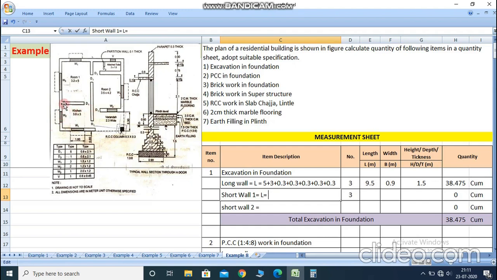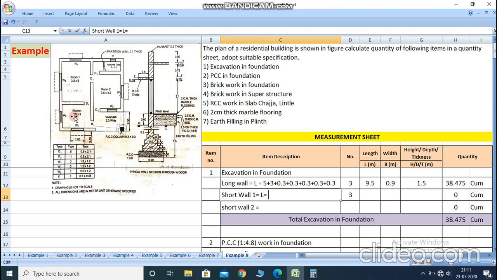So some part of the 0.9 meter width of the excavation for the long wall, 0.3 meter, is already excavated. This portion is already excavated for the short wall. Clear? So we calculate only this part.